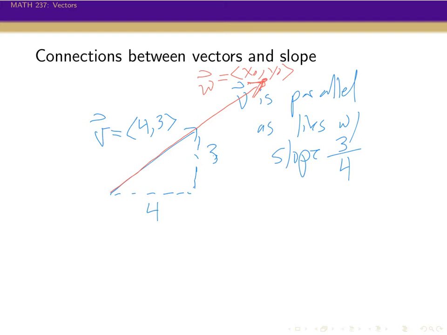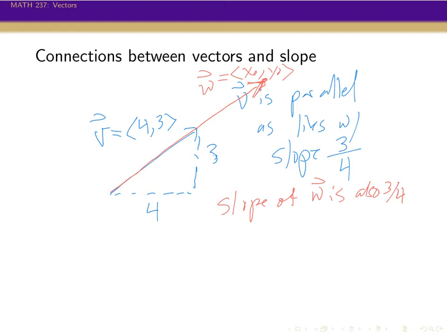Well, if w goes along the same line as v, that means its slope is also 3/4. So note that the slope of w is also 3/4.